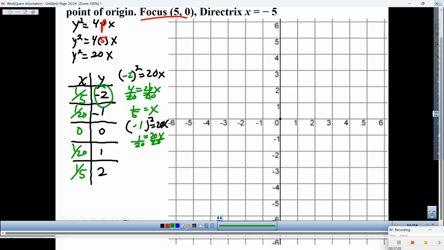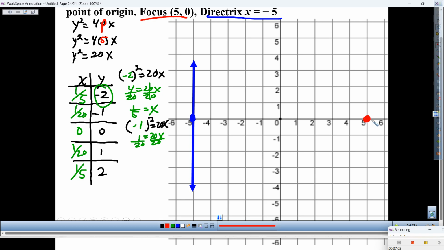Now check this out. The directrix is x equals -5, which is over here, which looks like this. My focus is where? Hold on, we're almost done. My focus is at 5, 0.